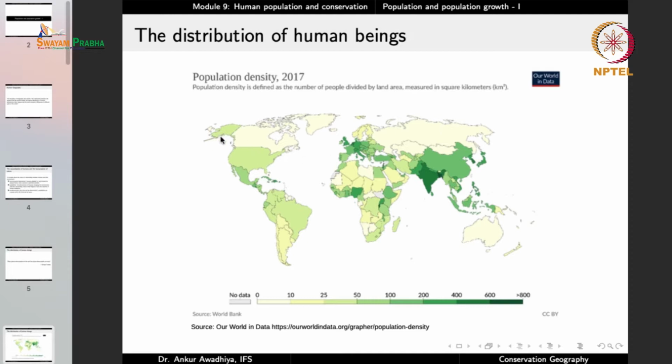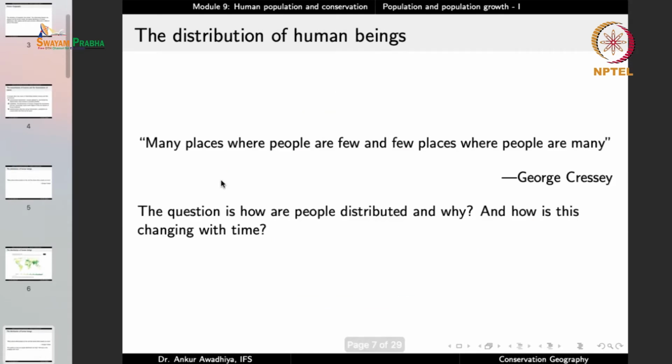On the other hand, we have large areas like Northern America or parts of Europe and Asia, large portion of South America, most of Australia, where the population density is very low. So the population density is different at different locations. There are few places where people are many, places like South Asia, Europe or Japan. And there are many places where people are few in number.